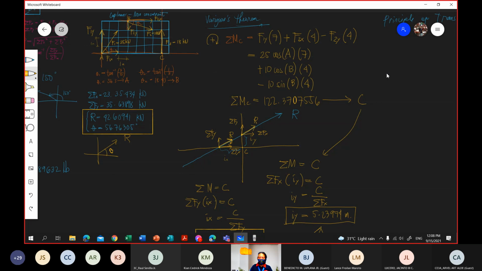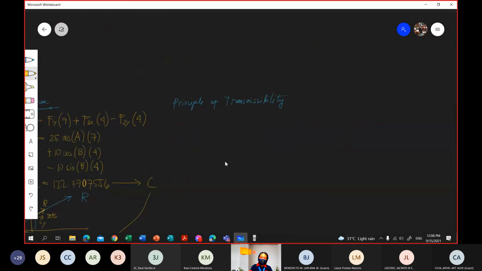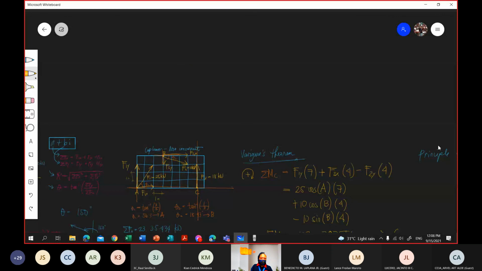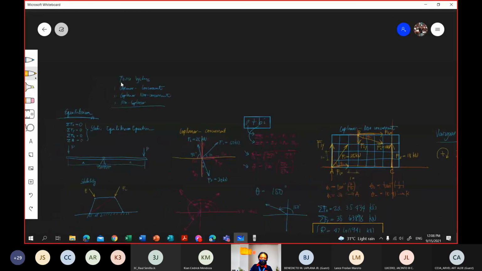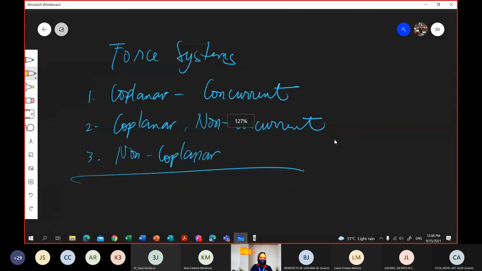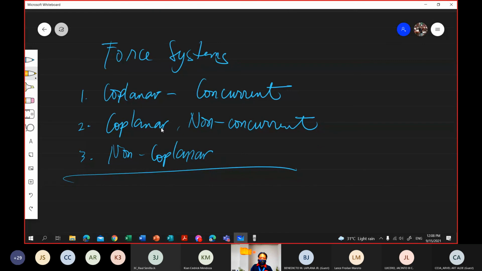Forces in space in the sense that it is 3D, which in real life is what really happens. Forces in space, non-coplanar.